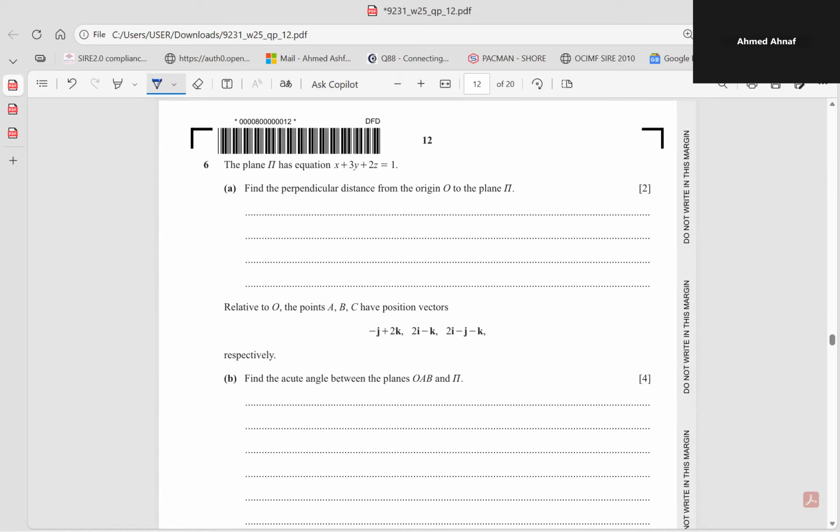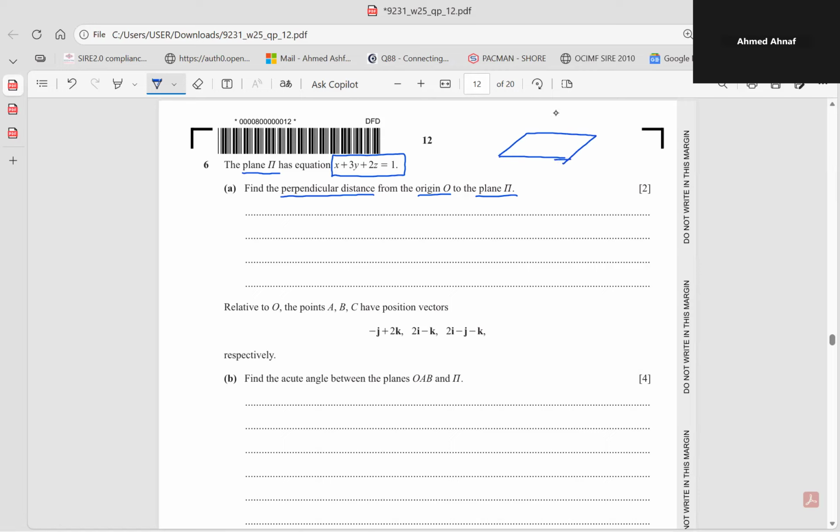Okay, so for this question, we're told that the plane pi has this Cartesian equation. And for the first part, we're told to find the perpendicular distance from the origin to the plane pi. To do this question, you can see they gave us very little space, so I'm going to show you the way to do it by drawing a diagram.